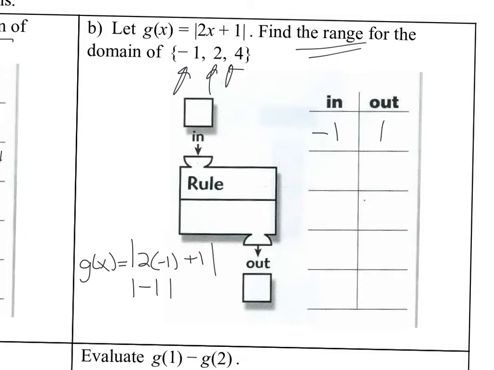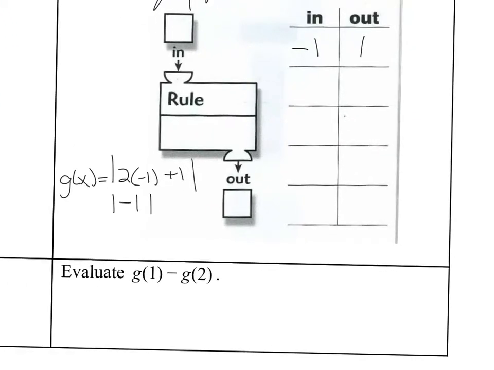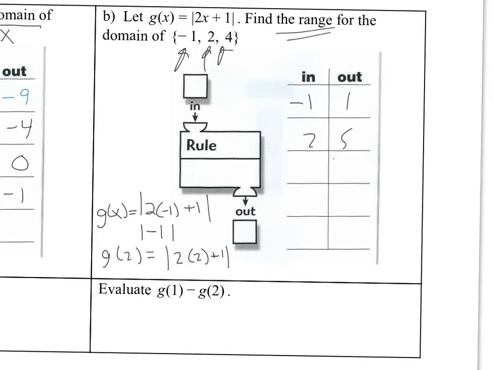Now I'm going to do g of 2. So it's the absolute value of 2 times 2 plus 1. Well, that's 5. Now I'm going to plug in 4. So g of 4 equals the absolute value of 2 times 4 plus 1. So if I plug in 4, I get out 9.